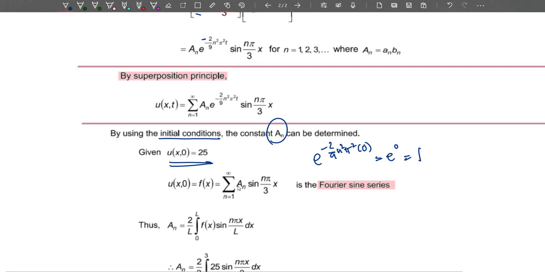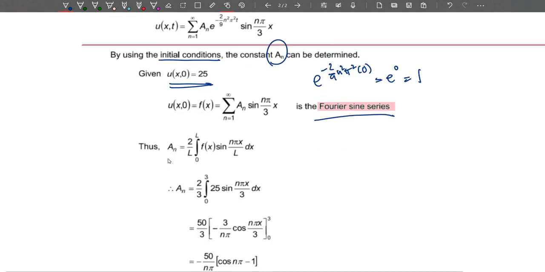So we are left with this summation only, summation n from 1 to infinity A_n sine n pi x over 3, which is a representative of the Fourier sine series. And thus, A_n equals 2 over L integral 0 to L f(x) sine n pi x over L with respect to x.